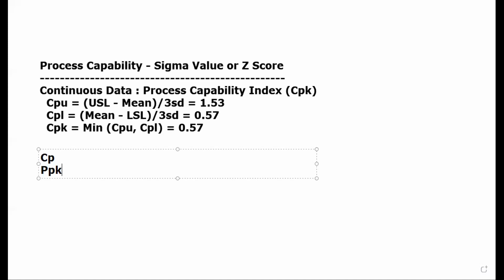That's why we call it process performance, because we are calculating this on the total population data. The way of calculation is the same. But in 90% of the cases, any Six Sigma initiative that we do will use the CPK way of doing things, because we will always handle process capability using sample data.